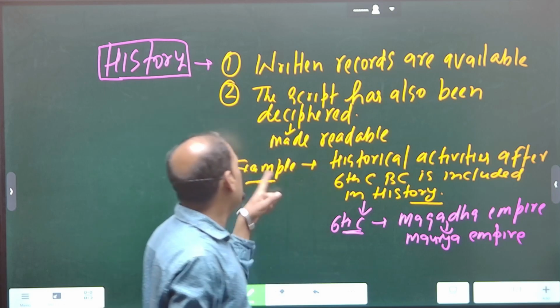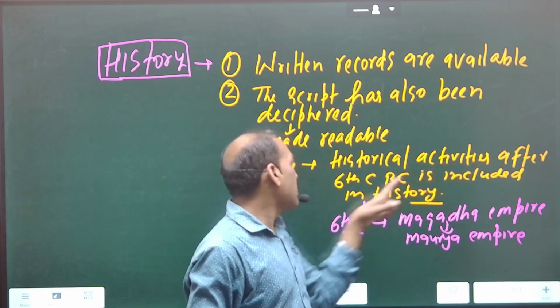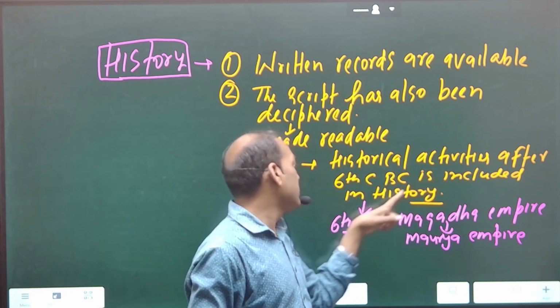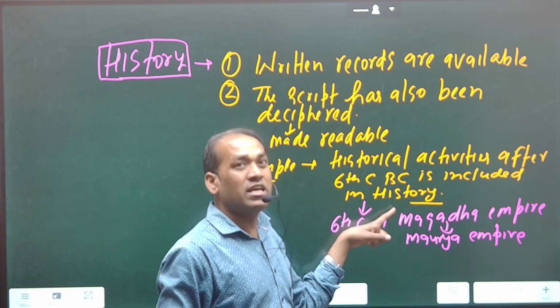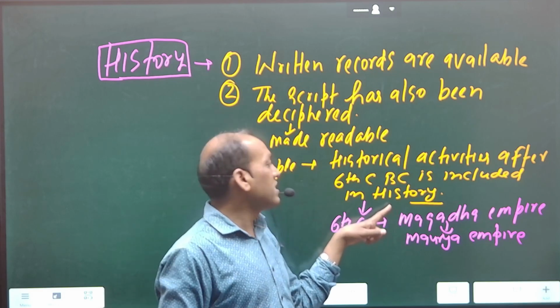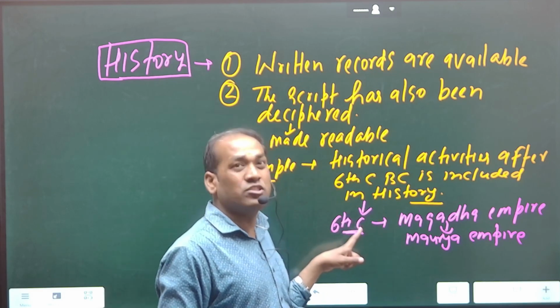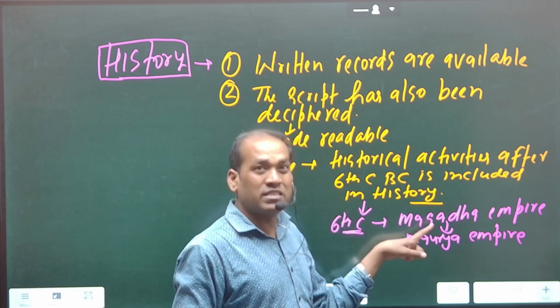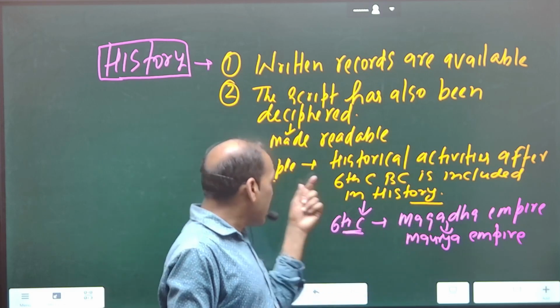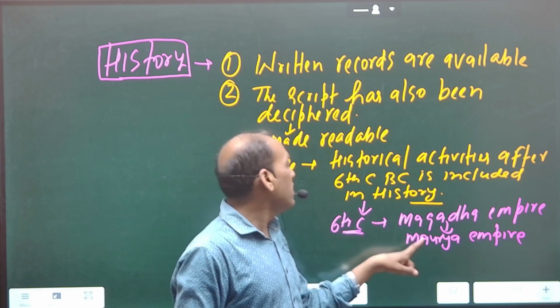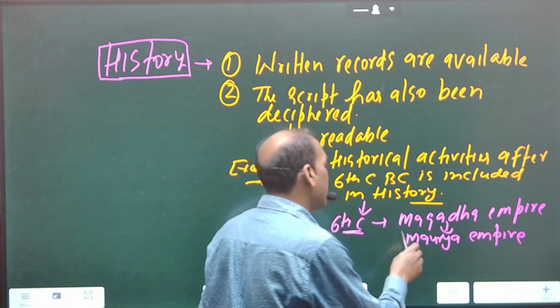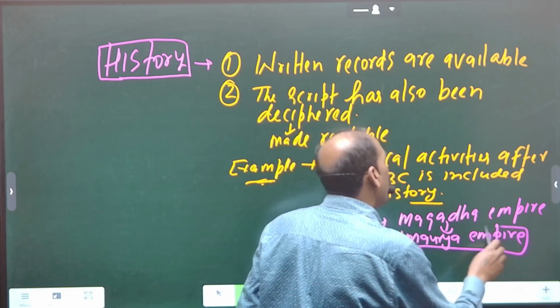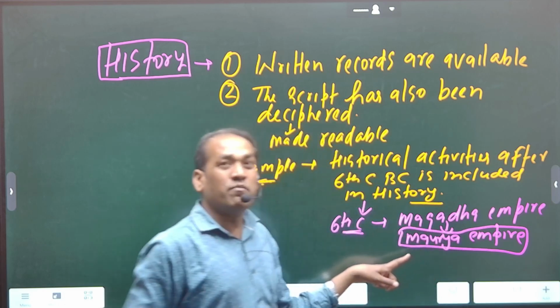So here historical activities after 6th century BC are included in history. Means your history starts exactly after 6th century BC. So in 6th century we have Magadha Empire, and after 6th century we have Maurya Empire.